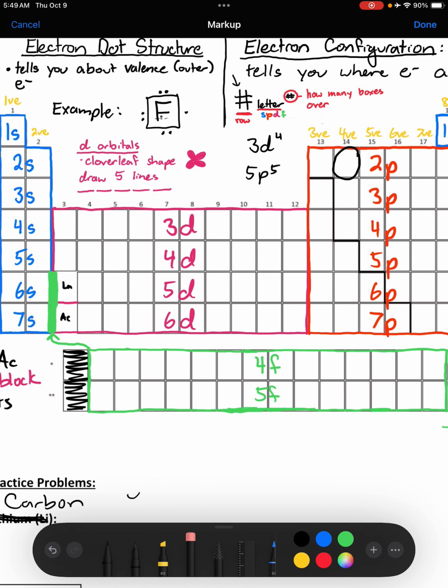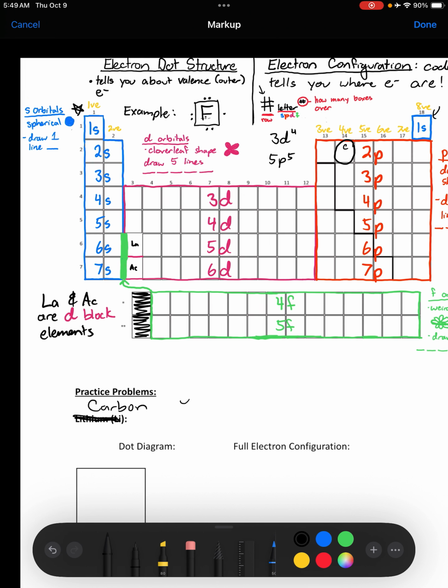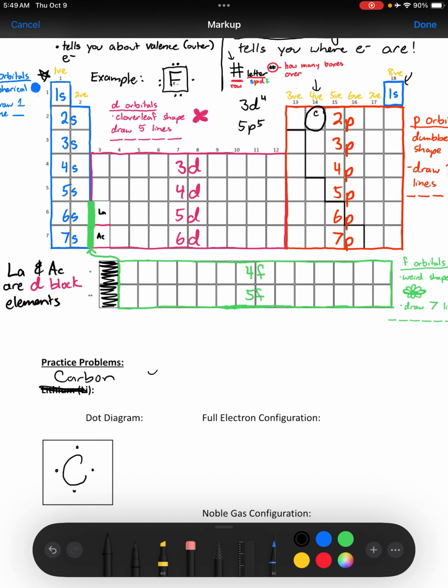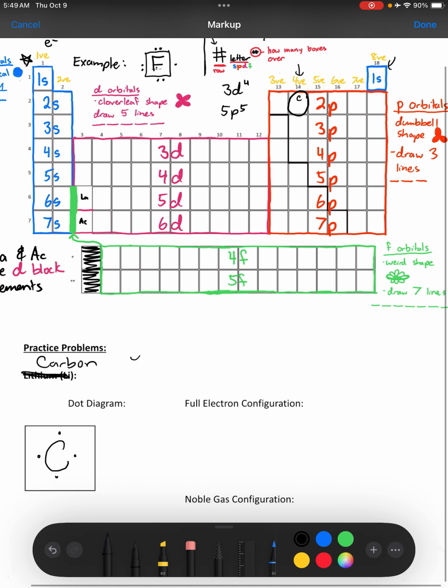So carbon, once again, is going to occupy this space right here. So let's do its dot diagram first. We would put its big chemical symbol, and it is in group 14, so it's going to have 4 valence electrons around it. 1, 2, 3, 4. Super easy.